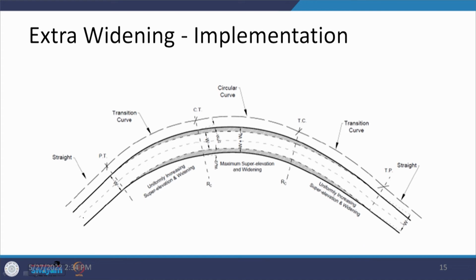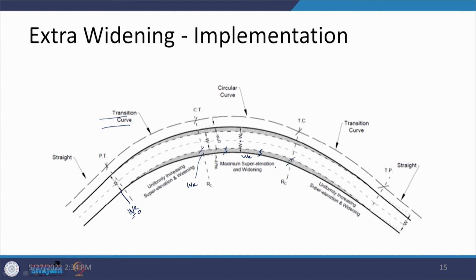What you find is you have a straight section. At this straight section We equals 0, then we are on a transition curve, and on this transition curve the extra widening is being provided at a uniform rate, and it becomes We at the start of the circular curve, then it remains We all along the circular curve.